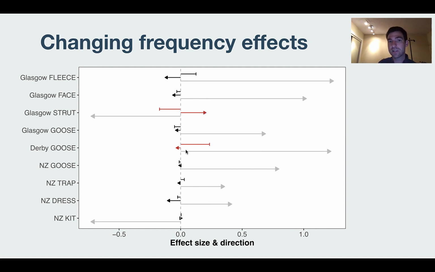Maybe what we observe for Derby Goose here can be explained as a sort of ceiling effect, but even that's not 100% clear. And certainly what we see for strut, where we start with a relatively strong effect where high frequency words are in the lead and then that turns around completely, that's not something that I think is predicted by too many models.